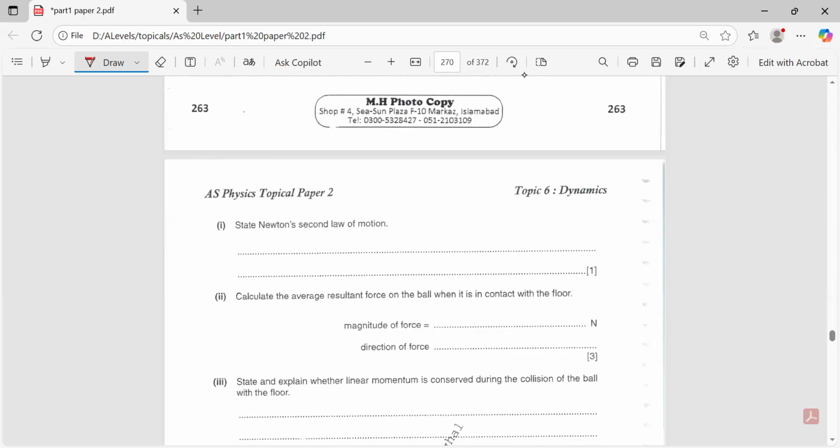Now let's state Newton's second law of motion. So we studied Newton's second law of motion. What does this law say? The resultant force is equal to the rate of change of momentum.